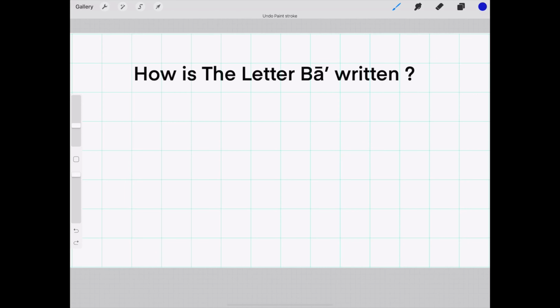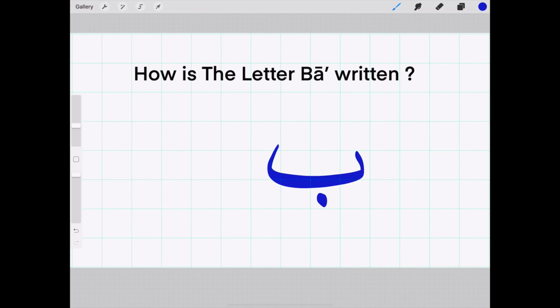How should it look if it is on its own? No connection, no attachment to a letter before or a letter after in the word. This is how it may look.